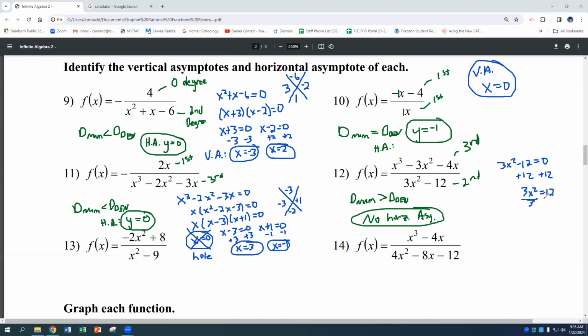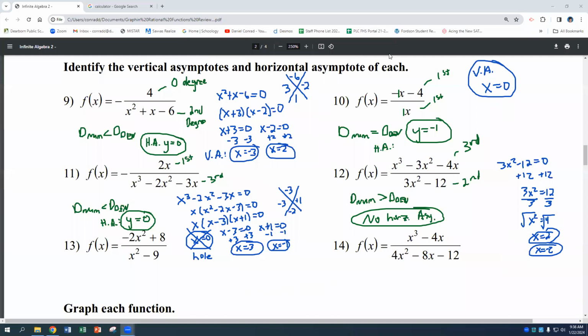We're going to divide by 3, divide by 3. We get x squared equals 4. Then you take the square root of this, and we get x equals +2 and x equals -2. Okay, which is actually going to be pretty good.